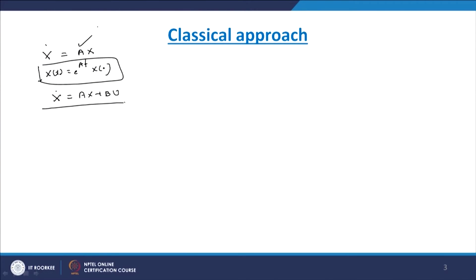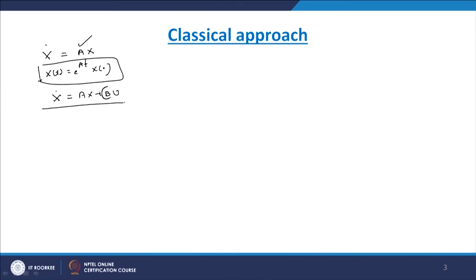That information is very important. In the unforced system, the complete state equation depends on the A matrix. But now we have the state space model in terms of Ax plus Bu, so definitely the state equation depends upon the B matrix. Let us see, when we derive the state equation, whether we get the term of B or not. Now we start developing the state equation for a forced system.